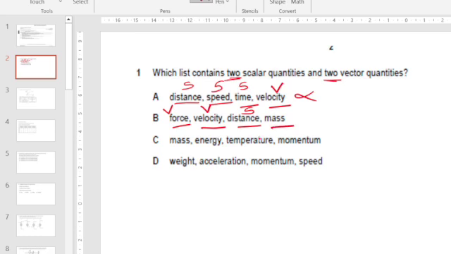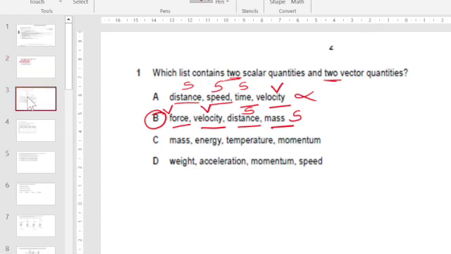Mass is also a scalar quantity which remains constant universally. Clear? So hence for the first question, option B contains two scalar quantities, distance and mass, and two vector quantities, force and velocity.